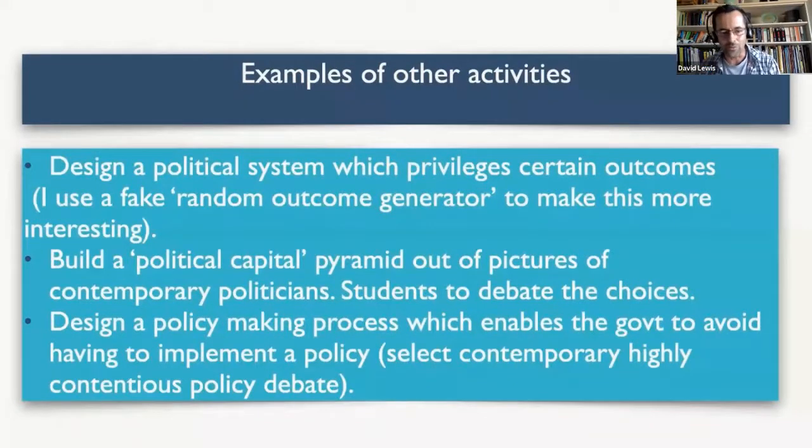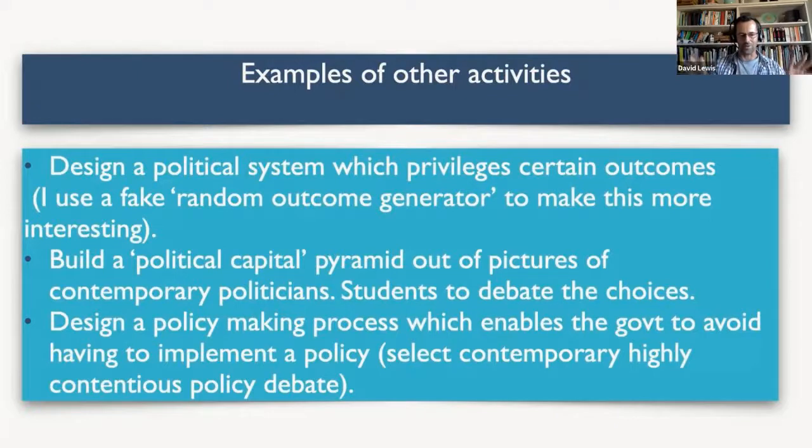Now, this kind of approach I try to use for many of the different exercises I have. I always have the same kind of problem approach to get the students engaged. I've got some examples here. Design a political system which privileges certain outcomes. So basically we discuss political systems, how they produce different outcomes and how different arrangements of institutions produce outcomes.